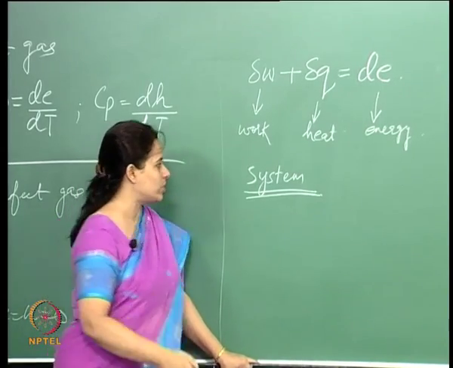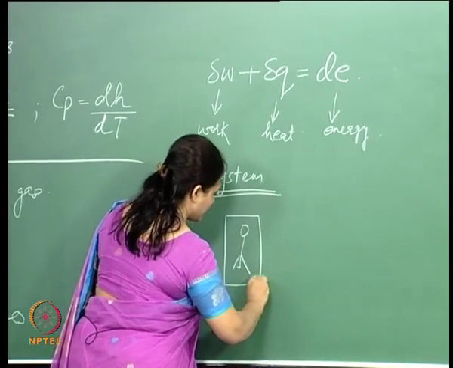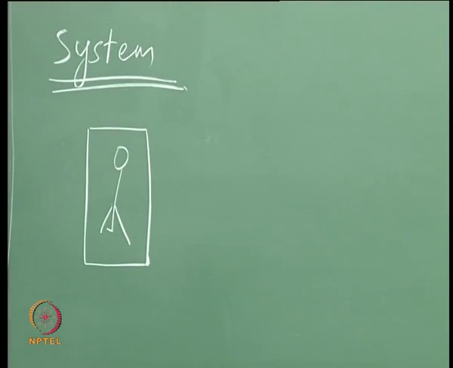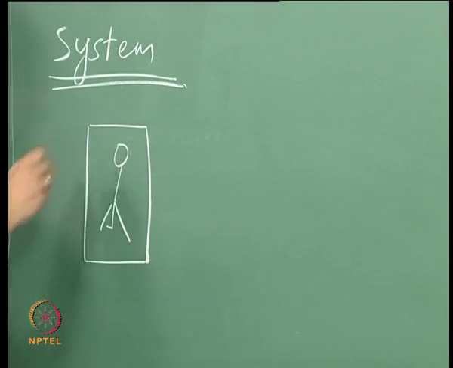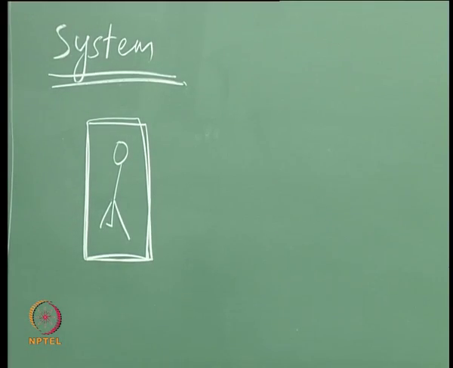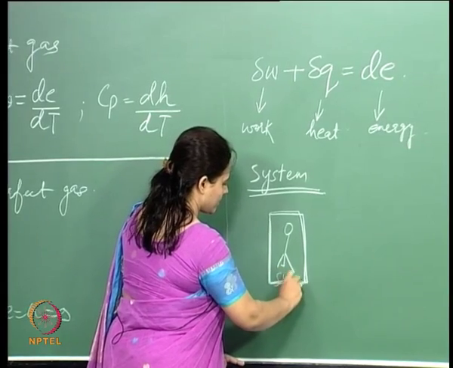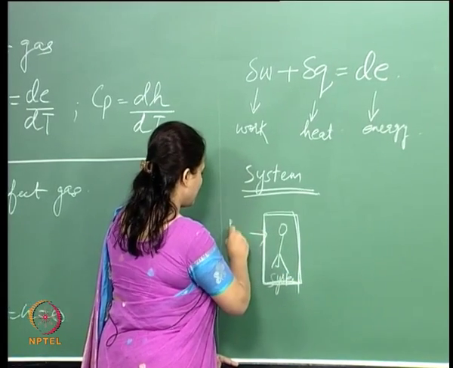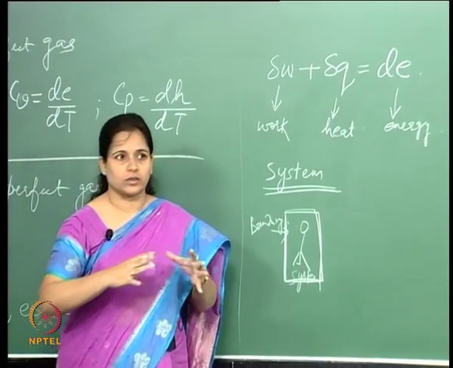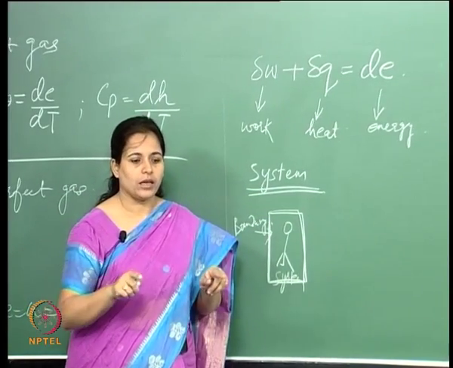So, in that case what we will do is, we will take you and put a surface around you, a boundary around you. This will be a surface and this will be a boundary which will mark my system, which in this case was you. So, then this becomes my system and this is my boundary. This boundary is not any tangible box, it is not a wooden box or a steel bar, nothing like that. It is just an imaginary boundary.